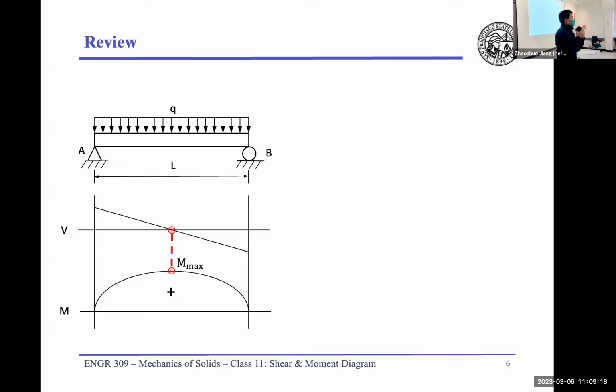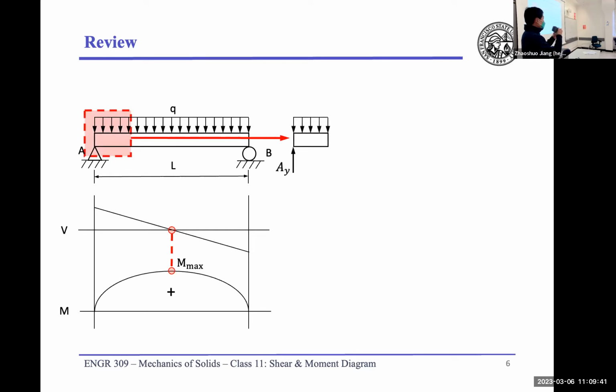Smiling. With the beam smiling, if you look at the top fibers of the beam, is it in compression or in tension? Compression, excellent. How about the bottom fiber? It's in tension, right? Excellent.